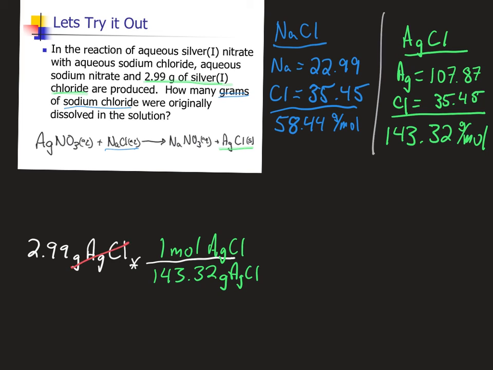Now, some people might find it easier to punch that number in and hit enter, then convert from moles to moles, punch that number in, hit enter, then convert from moles to grams, punch that number in and hit enter. You're doing the same thing.